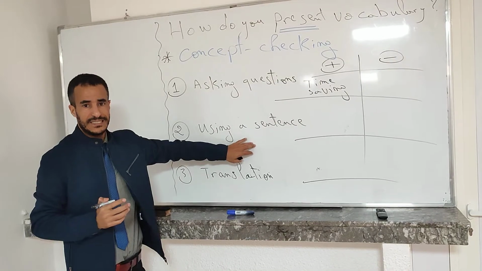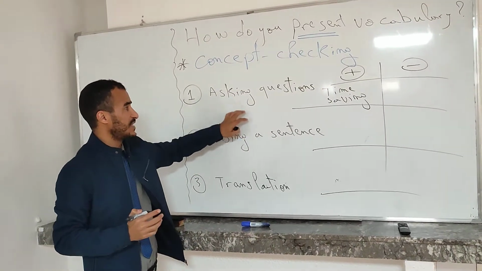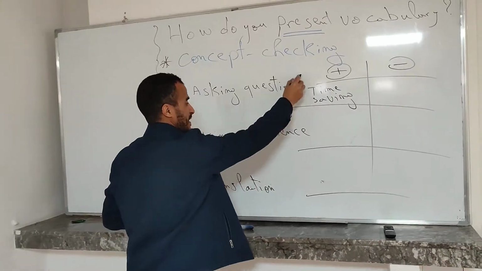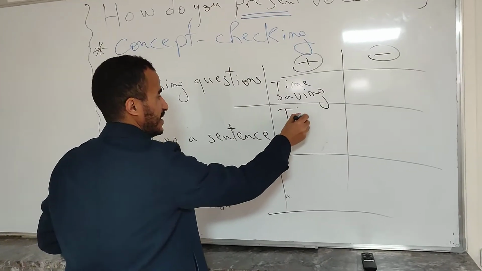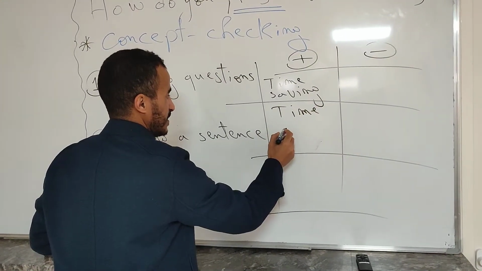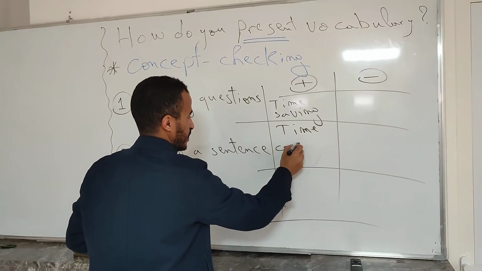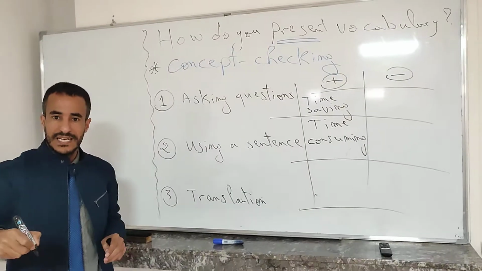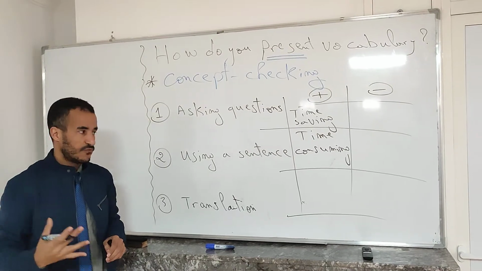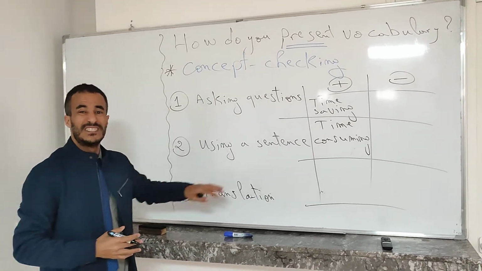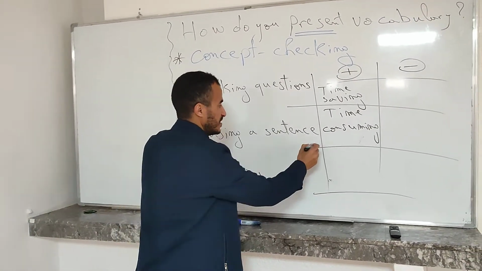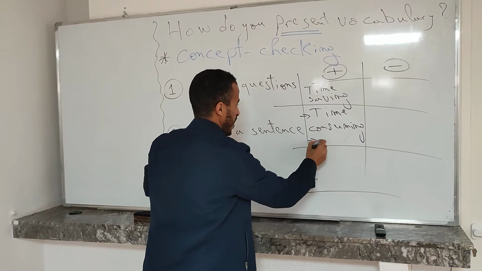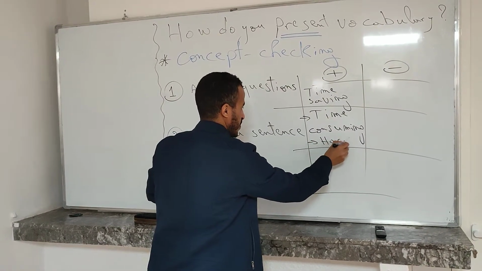Using a sentence, if you compare it with asking a question, is time consuming. It takes time, because they are going to write, and if they write, it takes time for students. And also it's a difficult technique. It's very hard for learners.